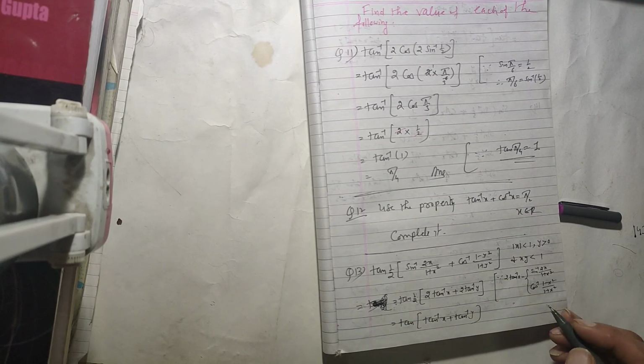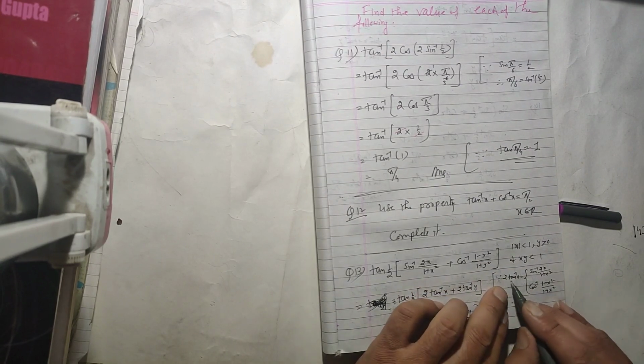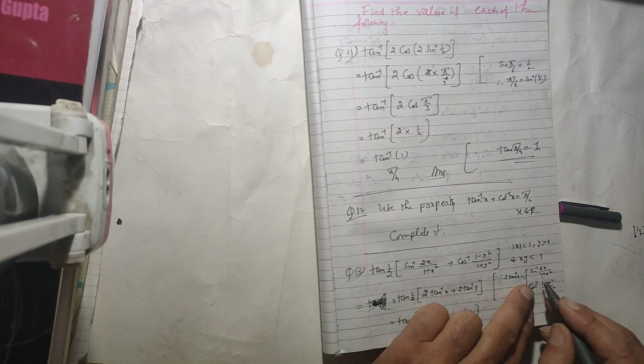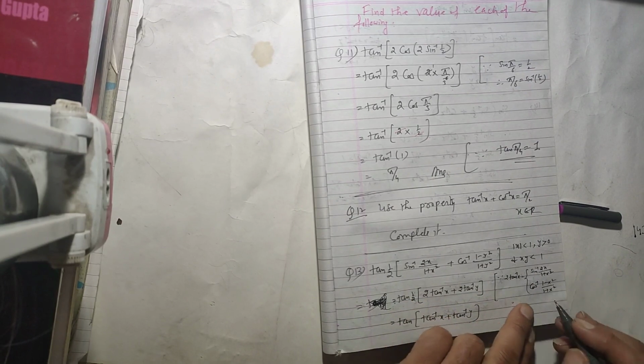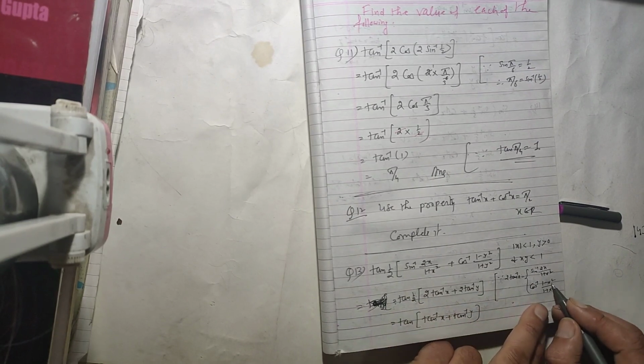Now you know that 2 times tangent inverse x is equal to sine inverse of 2x over 1 plus x square, and also 2 times tangent inverse x is equal to cosine inverse of 1 minus x square over 1 plus x square.